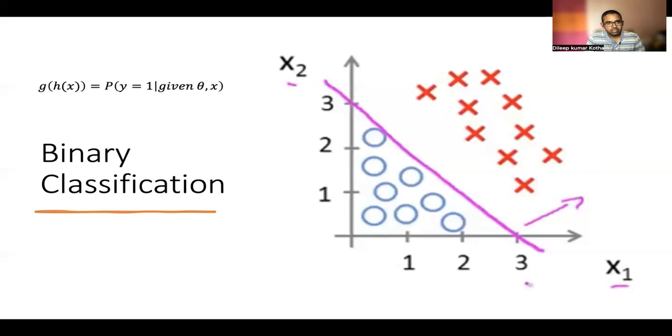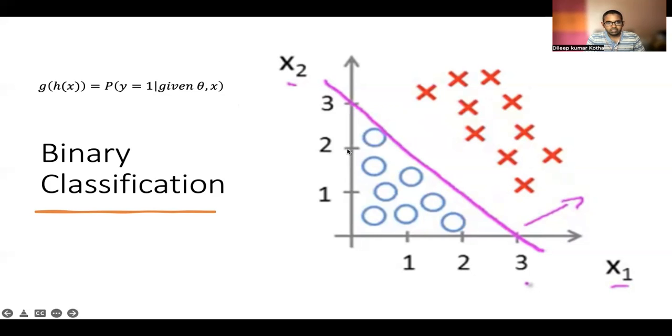And what the hypothesis indicates in the binary classification is the probability that given a variable x, once we determine the hypothesis using theta, whether it belongs to a particular class, say it belongs to class 1.